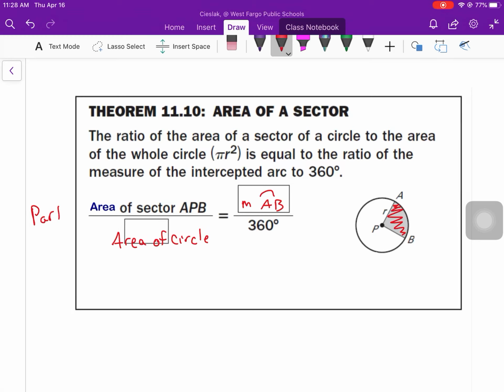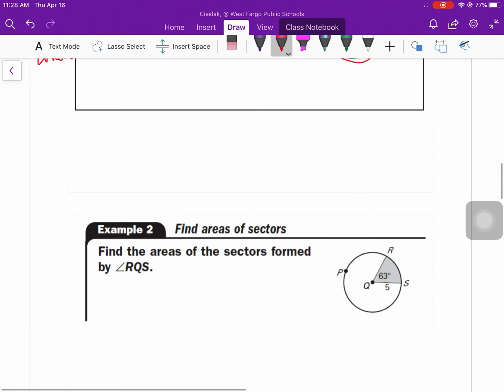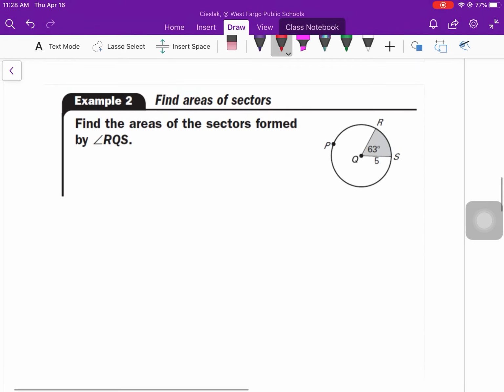The sector is the part of the whole circle, and the measure of arc AB is just a portion of the whole circle, which is 360 degrees. So we're really focusing on that part to whole relationship, and then we can go through and cross multiply and solve. So let's try an example here.